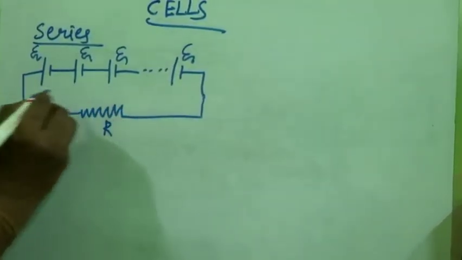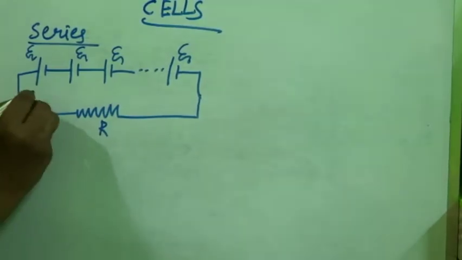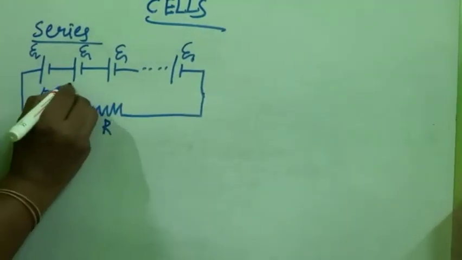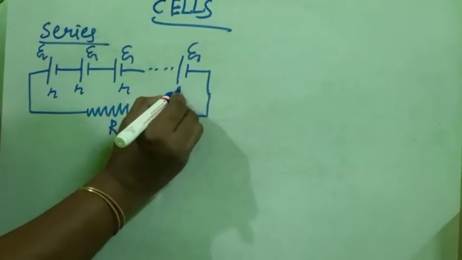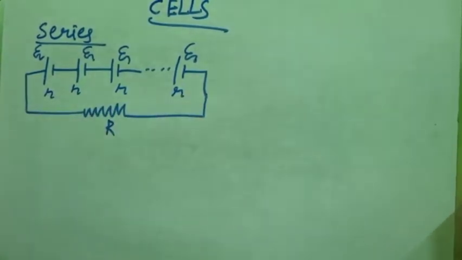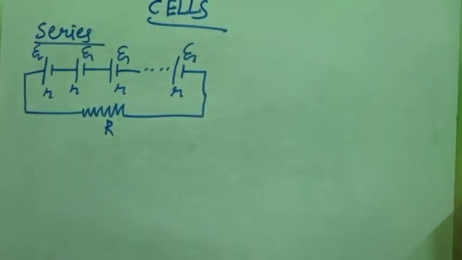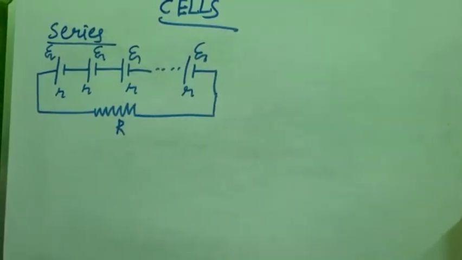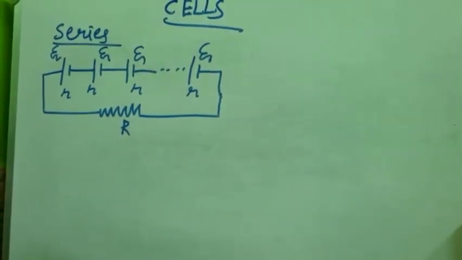Okay. Now these cells have internal resistance. Small r is the internal resistance of each cell. We have connected all cells in series, isn't it? We would like to find what is the total current delivered by all these cells together. And to find the current, by Ohm's law, current is equal to voltage divided by resistance.